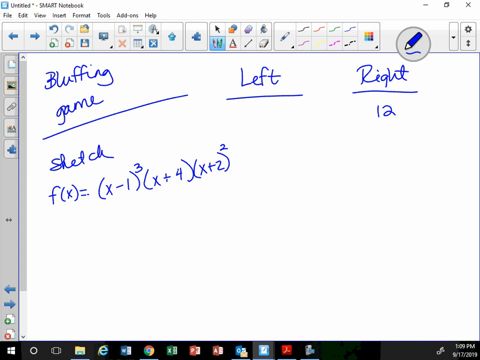Or there are 10, so I'll give you 11. All right, Ethan, let's see. Okay, good, you're right. Yes. So you've got to label the y-intercept, so it goes down to 0, -16. Both ends are up. We've got inflection happening at 1 and bouncing at -2. Okay with that? We'll say you have 11 points.